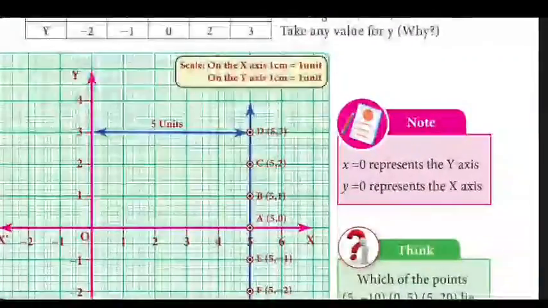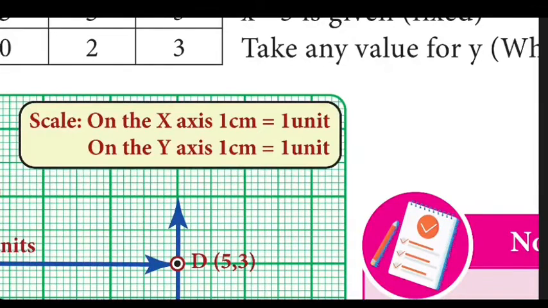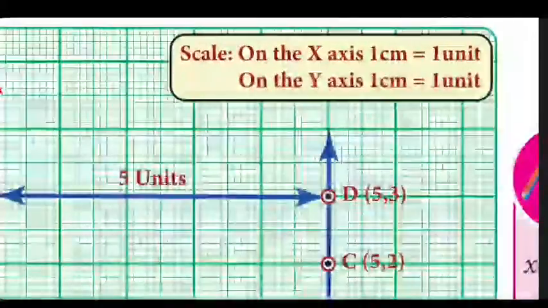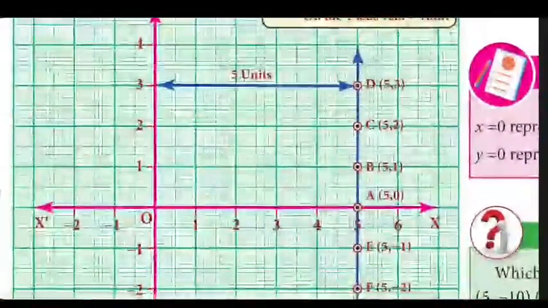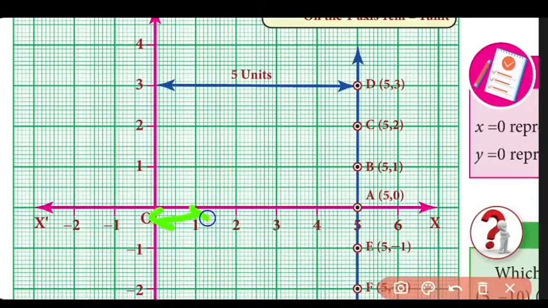Here I take the scale on the x-axis 1 centimeter equal to 1 unit, and on the y-axis 1 centimeter equal to 1 unit. Okay, this is a scale. In x-axis and y-axis we take only 1 unit. This 1 centimeter we consider as 1 unit. So here also 1 unit.